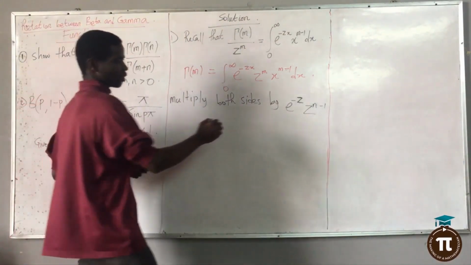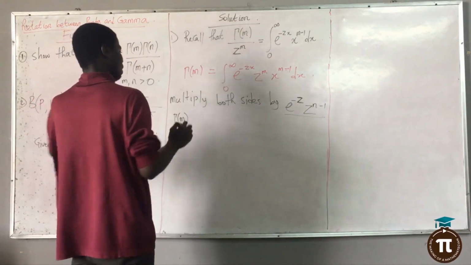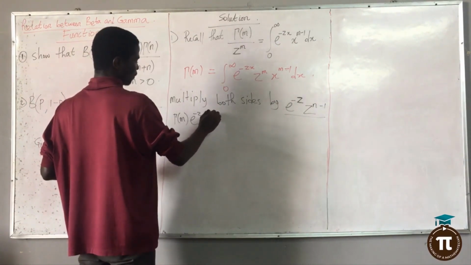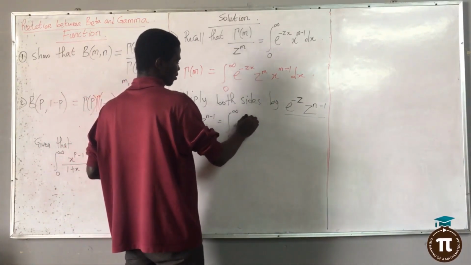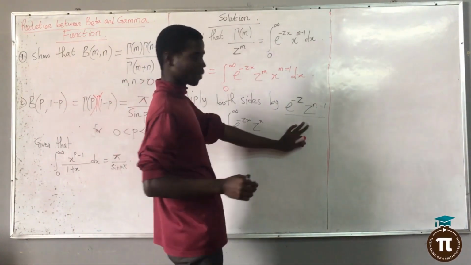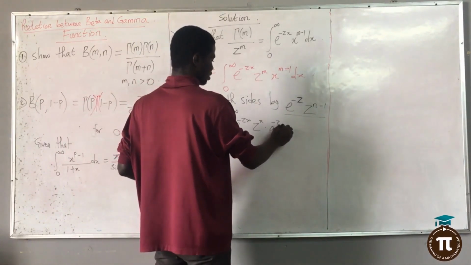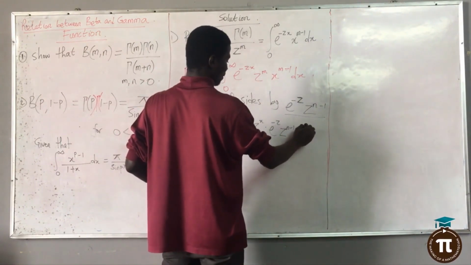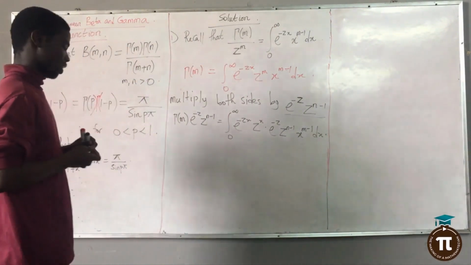I multiply both sides with this so that I have gamma of m multiplied by e raised to the power of minus z, z raised to the power of n minus 1, equal to the integral from 0 to infinity of e raised to the power of minus zx, z raised to the power m, and then all these ones too, we enter the integral, multiplied by e raised to the power of minus z, z raised to the power of n minus 1. Then I have x raised to the power of m minus 1 dx. So let me write it well.